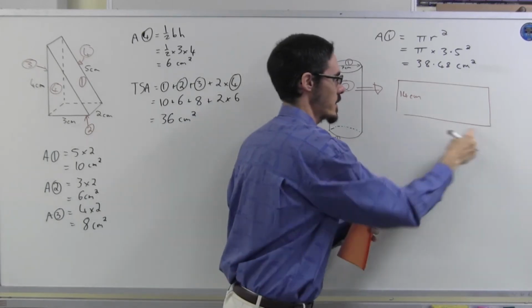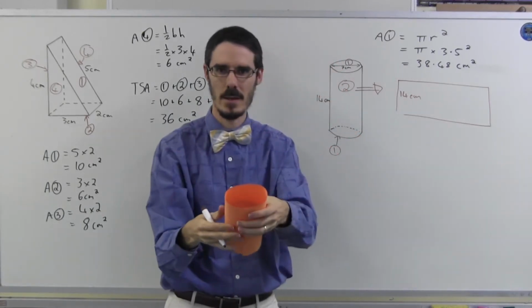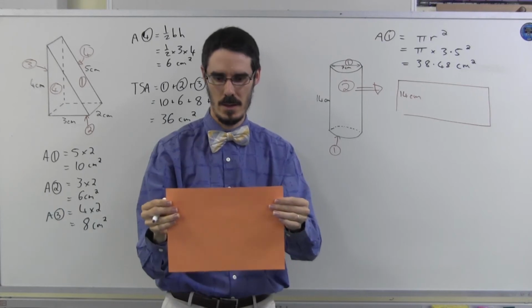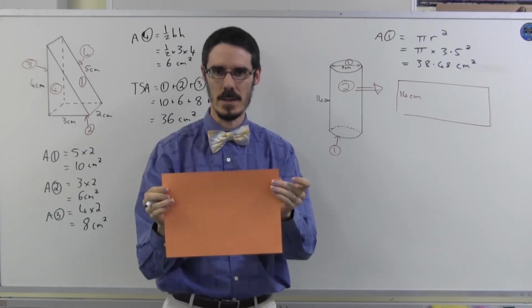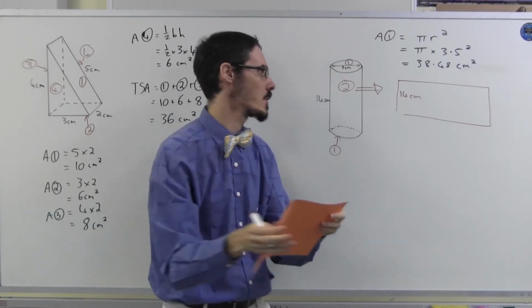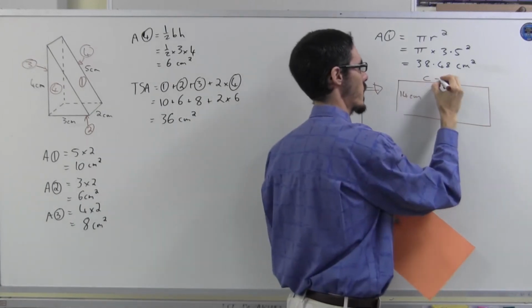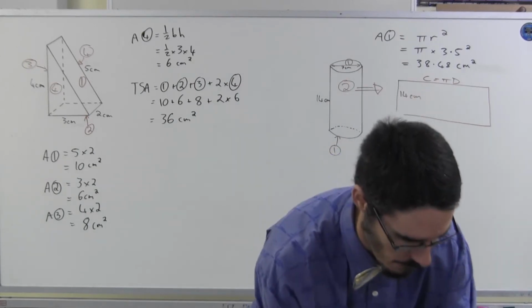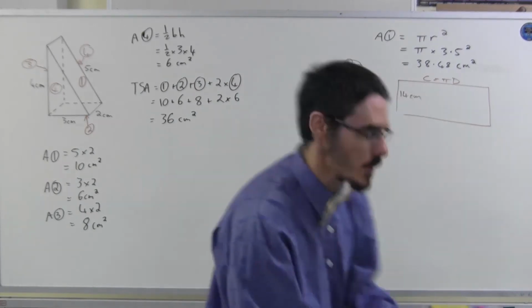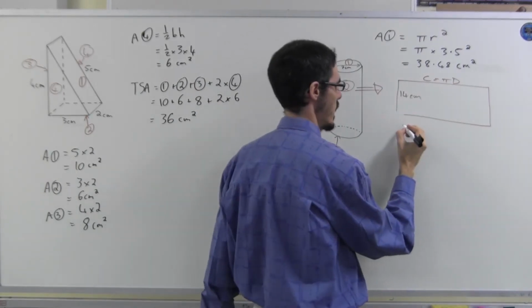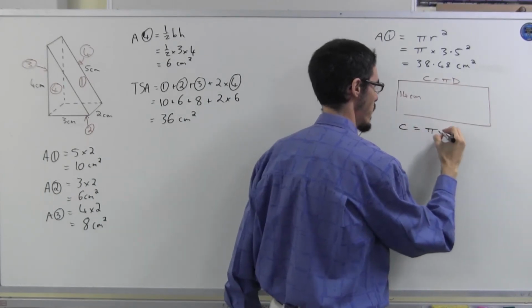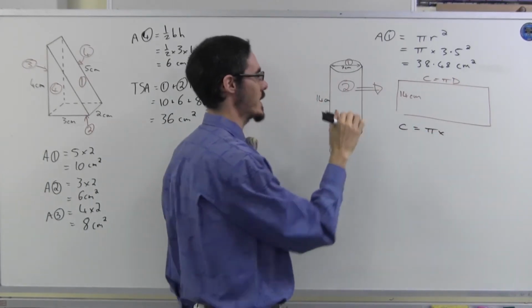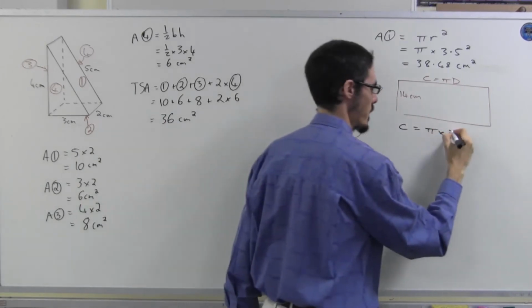The length of this rectangle is the circumference of the circle. Circumference, which is pi times diameter. So let's work that out carefully. Circumference is pi times, not the radius now, the diameter, which is 7.